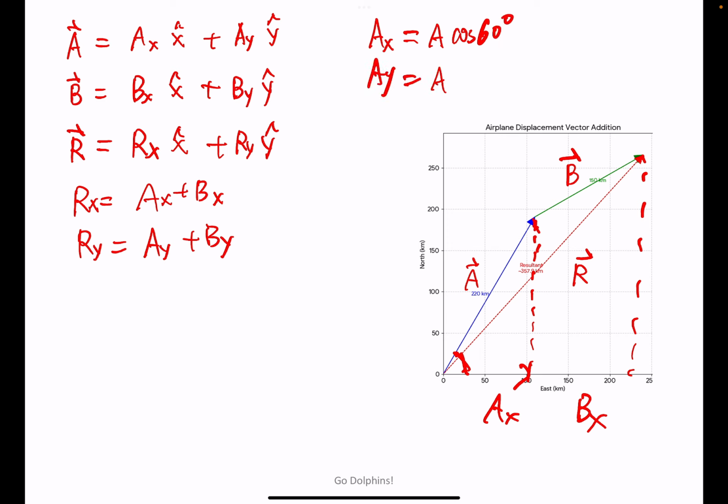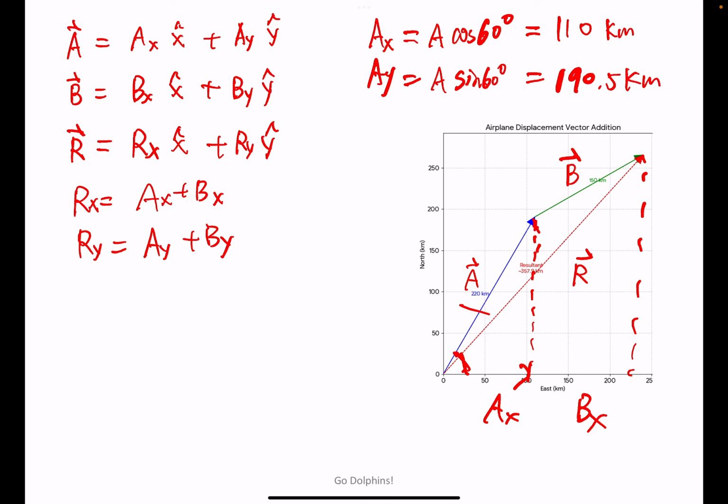Ay is A sine 60°. Now the magnitude of A is 220 kilometers, right? So you put this into calculator, you'll find Ax is 110 kilometers. Ay is 190.5 kilometers.